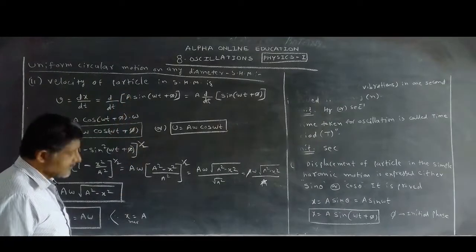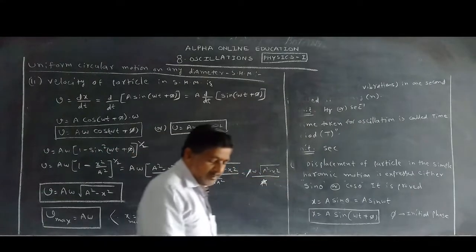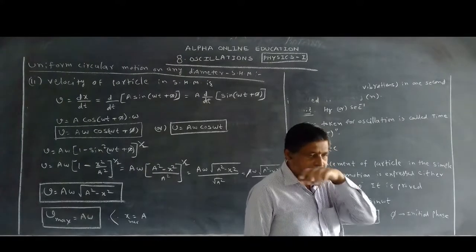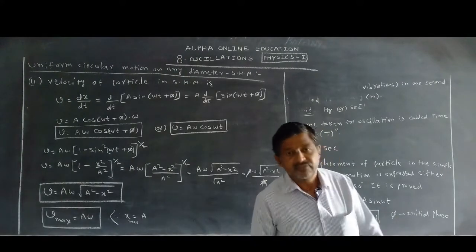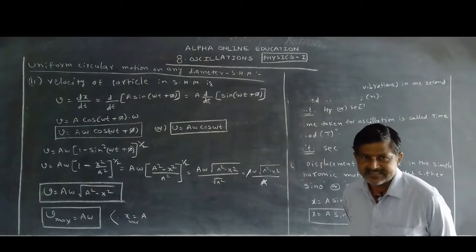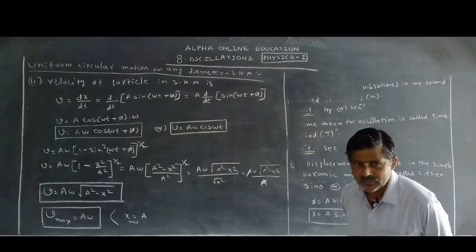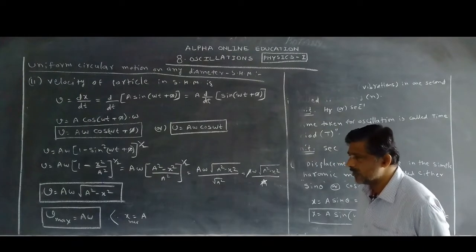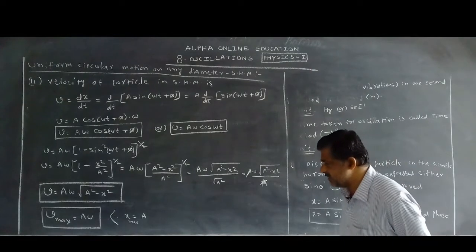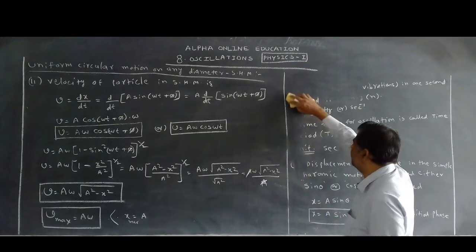Why? For maximum velocity, x becomes a, so v maximum is equal to a omega.